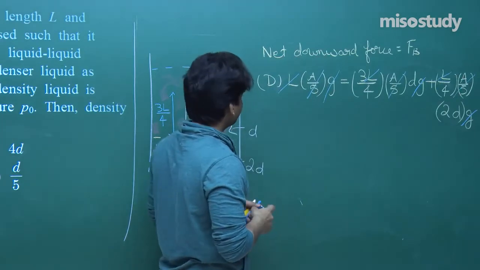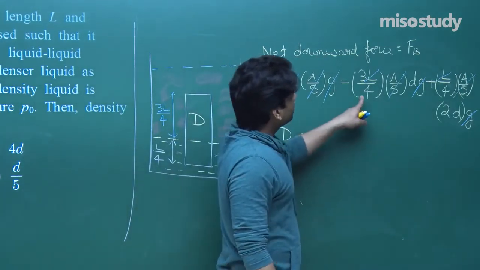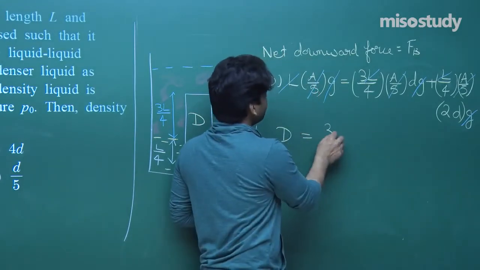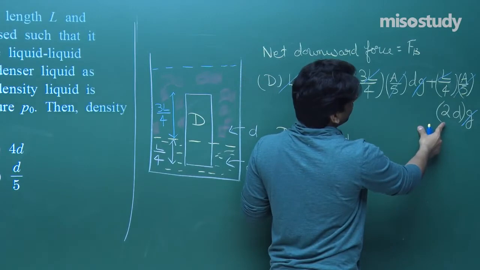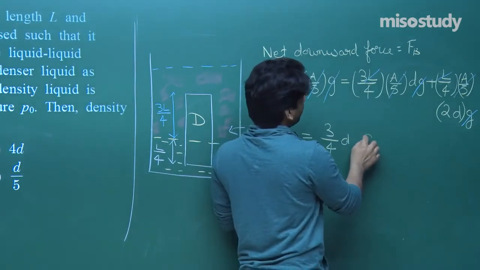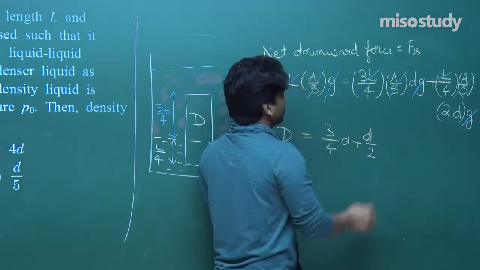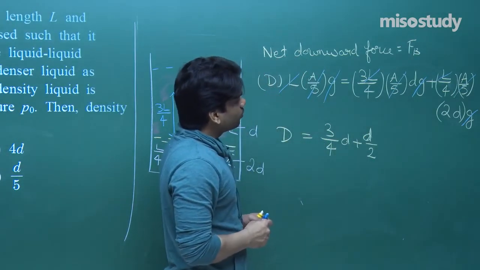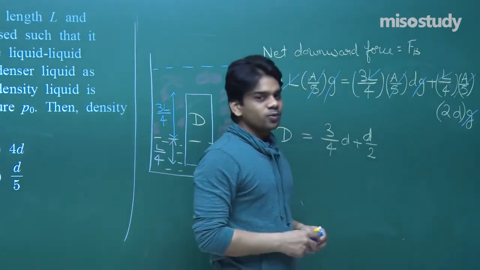From here you are getting D is equal to 3 by 4 small d, plus you see here 4 is here and 2d is here, so we will be getting d by 2 plus d by 2. This is the term that you are going to get. L by 4, so you will be getting here 2d, so you will be getting d by 2.